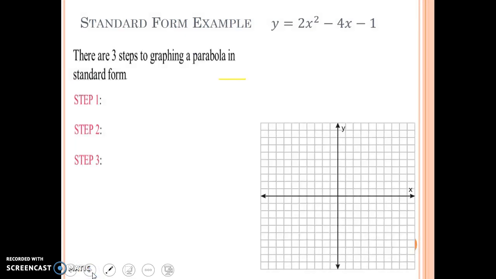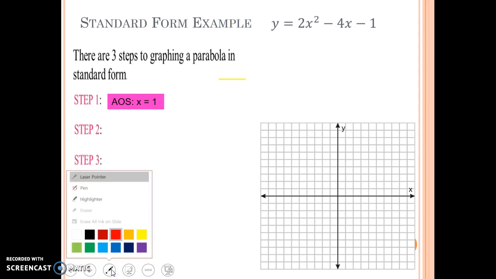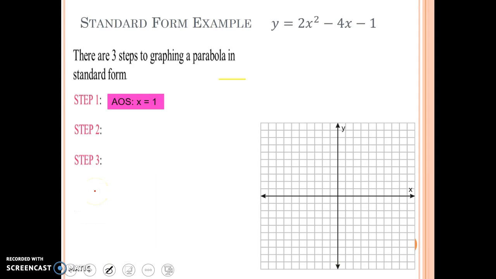Alright, let's look at this example, y equals 2x squared minus 4x minus 1, and follow the steps. Step 1 was to find the axis of symmetry. We're going to use the formula x equals the opposite of b over 2a. This is my a value, this is my b value, and this is my c value.